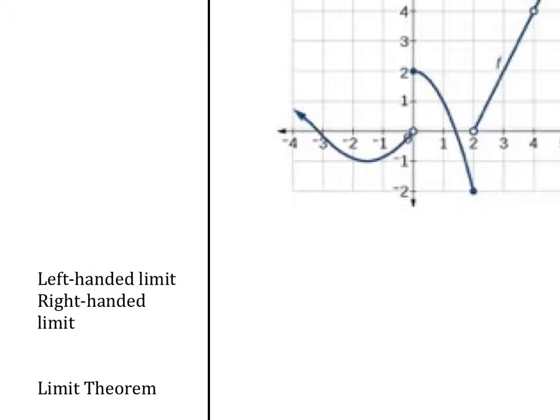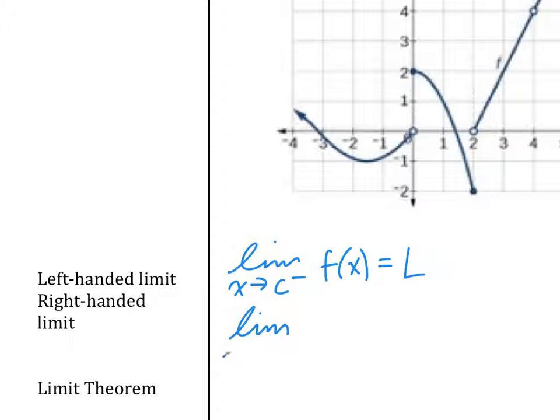So left-hand limit is basically saying limit as x goes to c from the left-hand side, we put a little negative sign there, f of x is equal to L. So basically, when x is going to c from the left-hand side, y is going to L. And then right-handed limit is limit as x goes to c from the positive side, f of x is going to L. So it's just kind of re-explaining what left-handed and right-handed limits are.